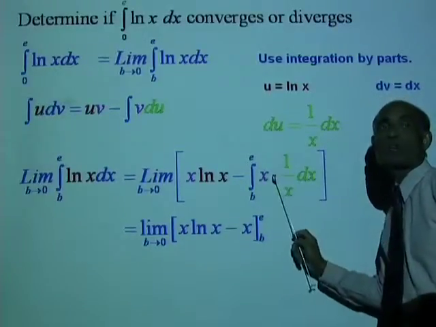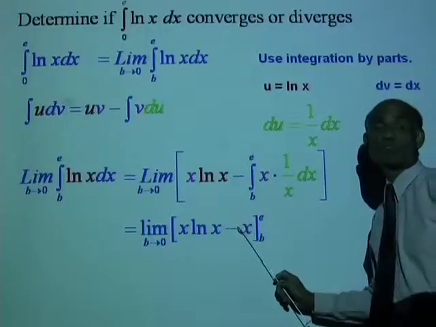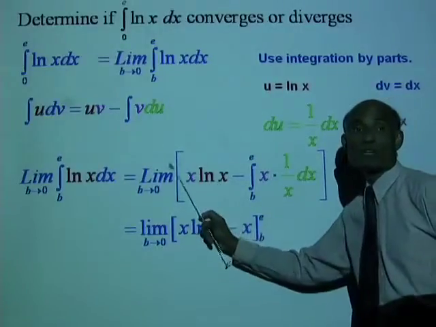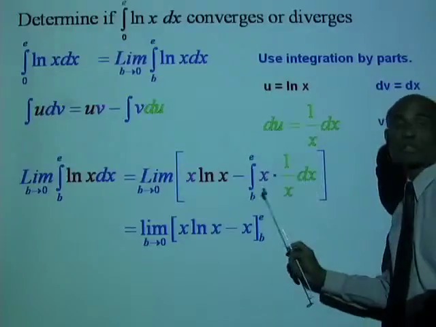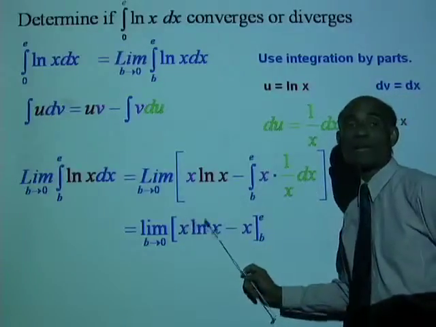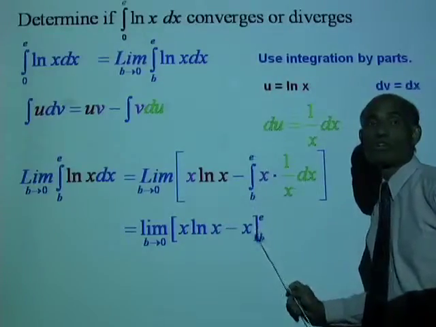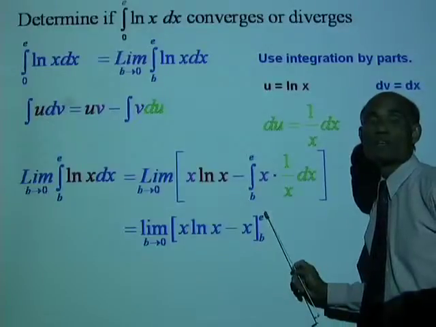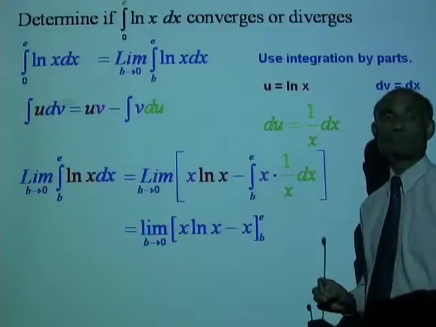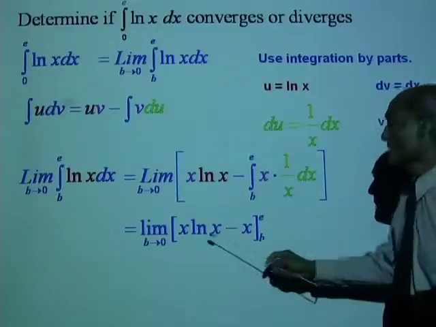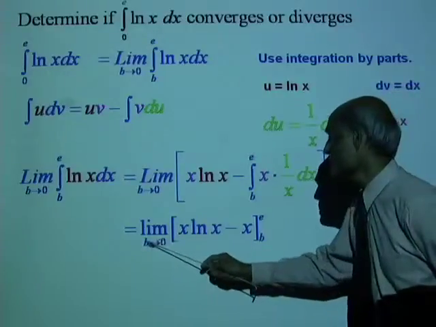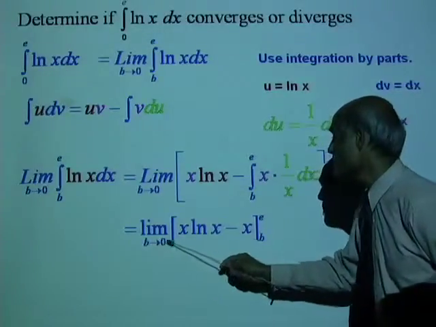This quantity will be integral of dx, which will be x. And the limit is for that whole quantity. So that will be x ln x minus x. Lower limit is b, the upper limit is e. Alright, we need to find the limit when b goes to 0.